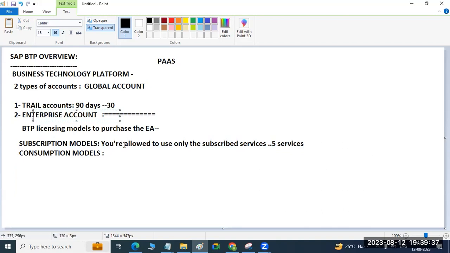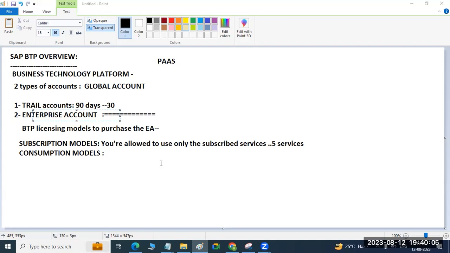Any questions here before I go with the consumption based model? Sorry, you said trial account and enterprise account, so there is no difference? For example, if you go for HANA cloud database creation, the size will be limited, 5 GB or something.